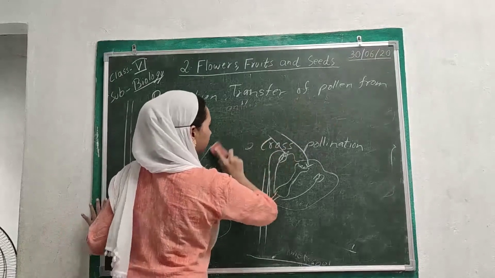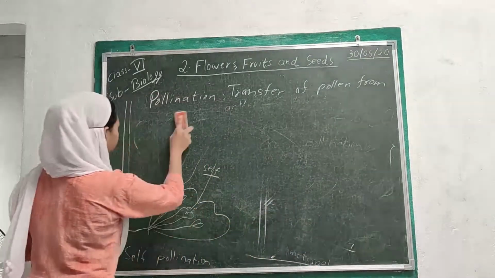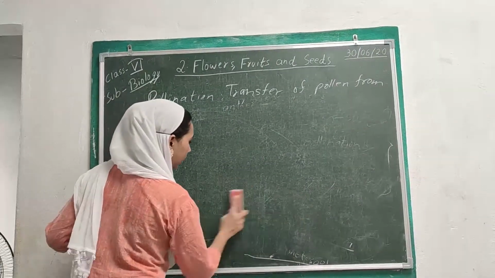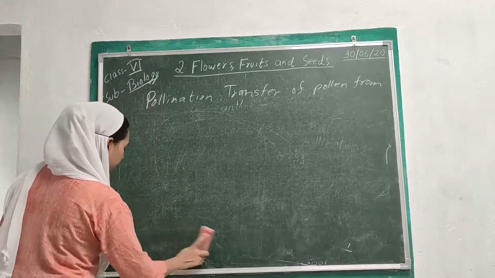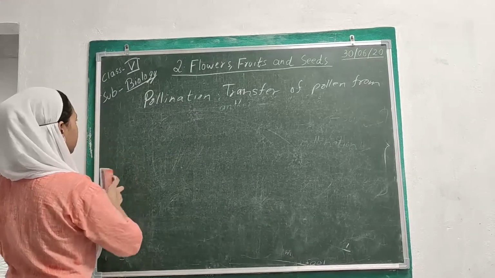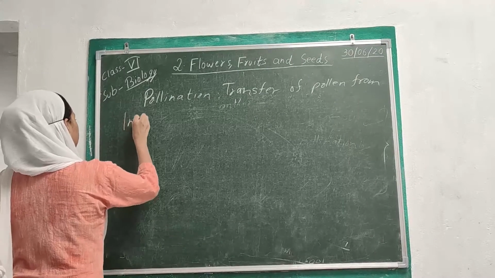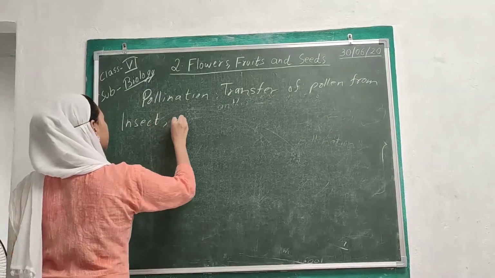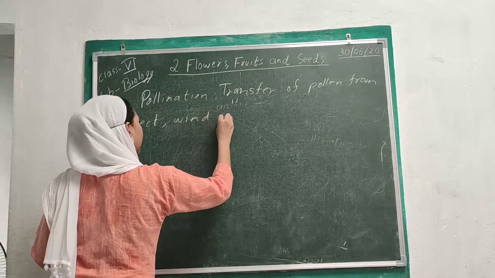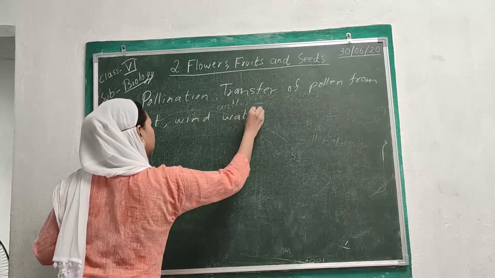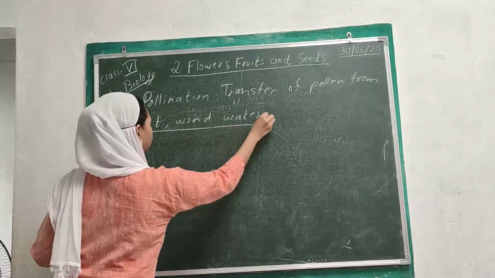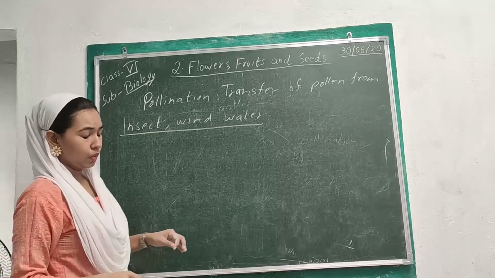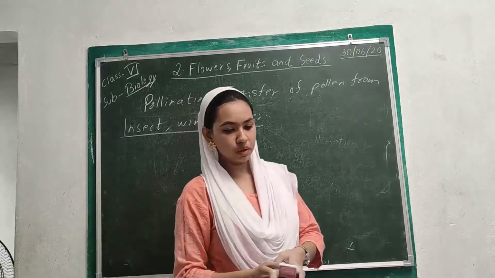So pollination is done with the help of three agents. Okay, what are they? They are insects, wind, and water. These are the three agents through which the pollen grains move from one flower to another.